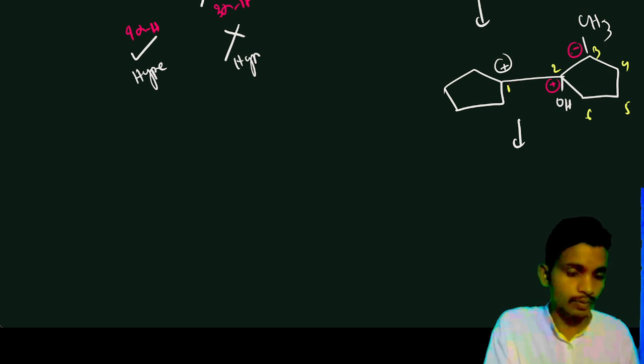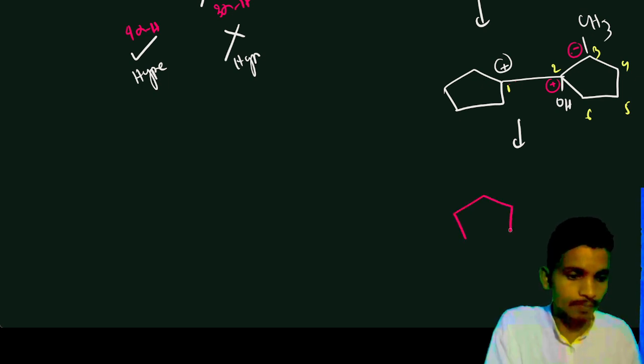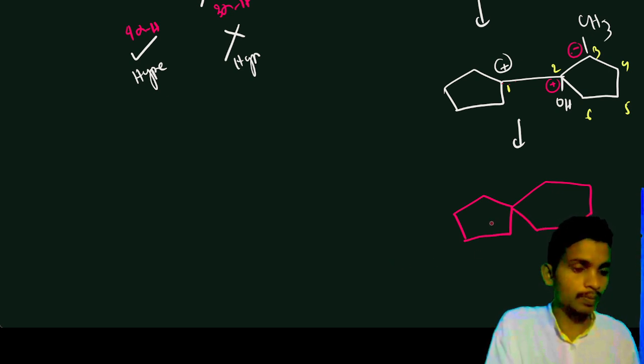Okay, so what I will do now, this is a 5-member ring, and from 1 to 3 we will do the ring expansion. So 1, 2, 3, 4, 5, 6.